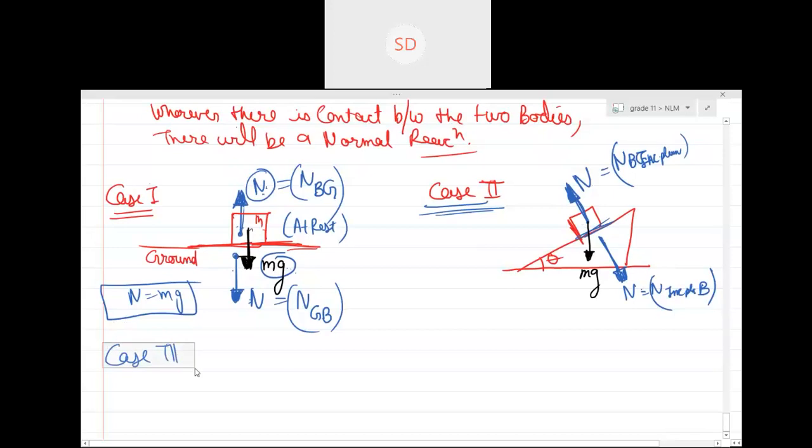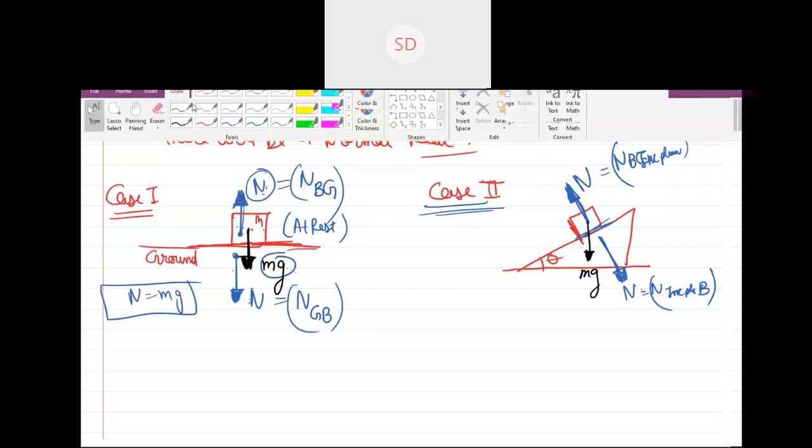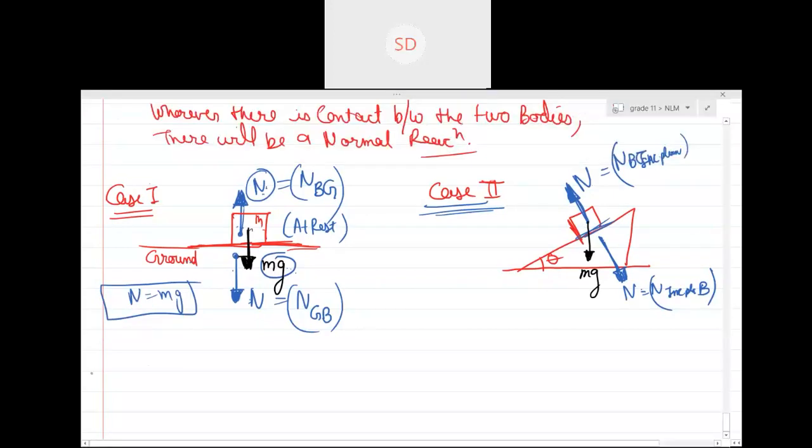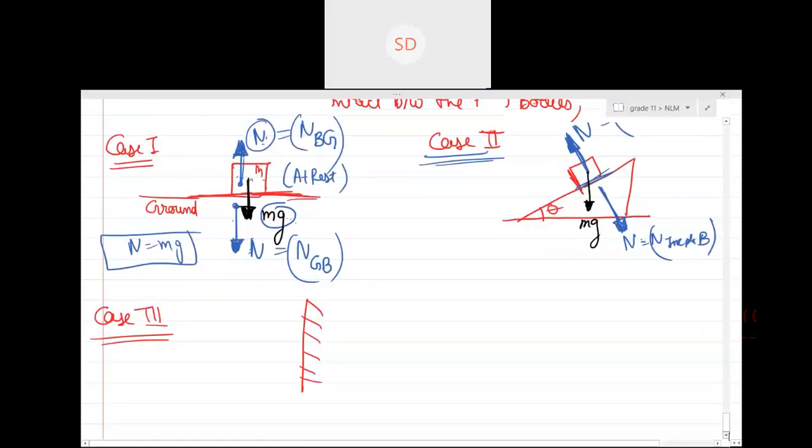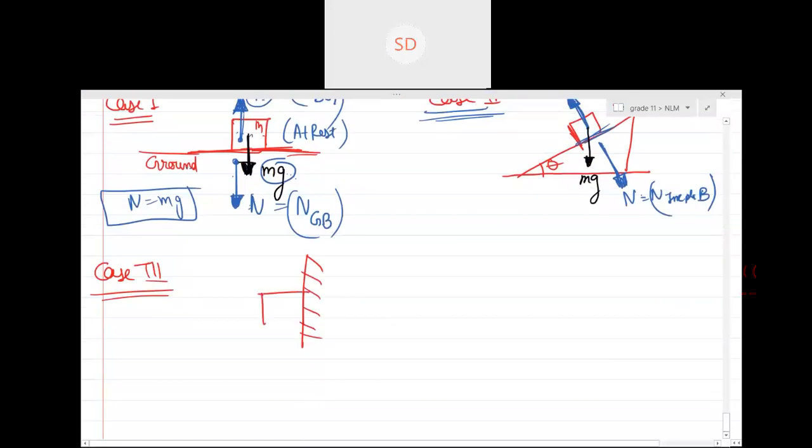I draw case 3. Case 3, suppose there is a wall, there is a wall and I have this block and I'm pushing this block against the wall.